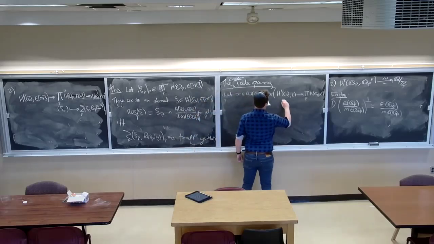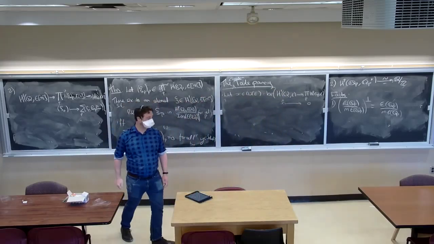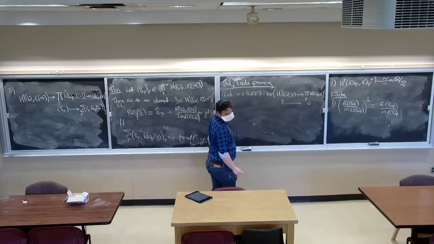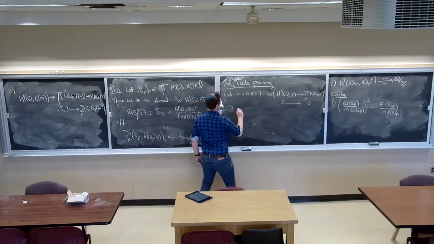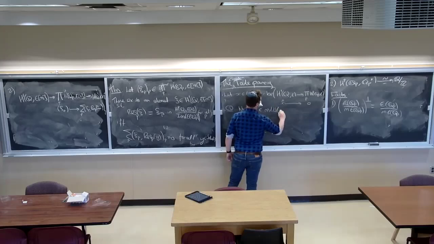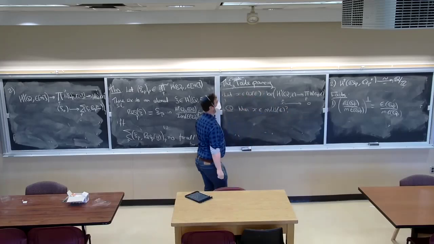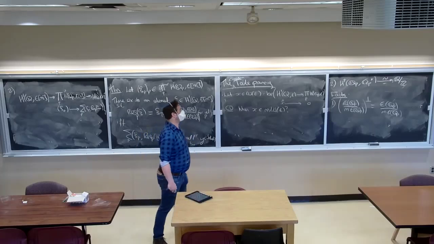So x is living in here, and x maps to 0 everywhere here. That's what it means to be in the Tate-Shafarevich group. And the question that we were trying to consider is, when is x divisible by m? So when is x in m times the Tate-Shafarevich group? And we wanted to construct some pairing that would answer this question for us.